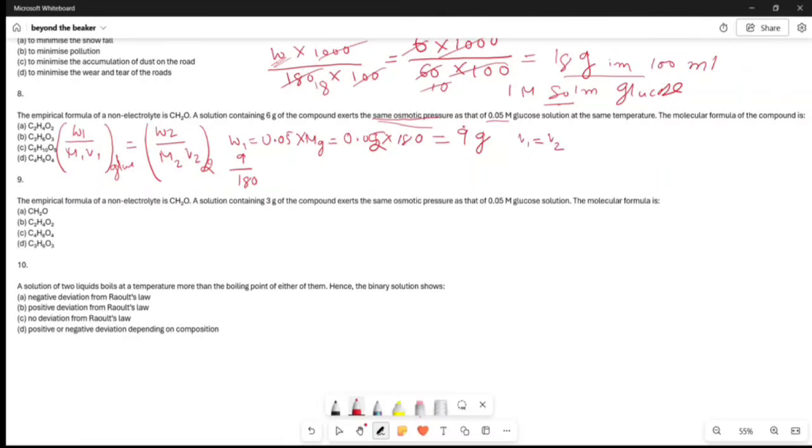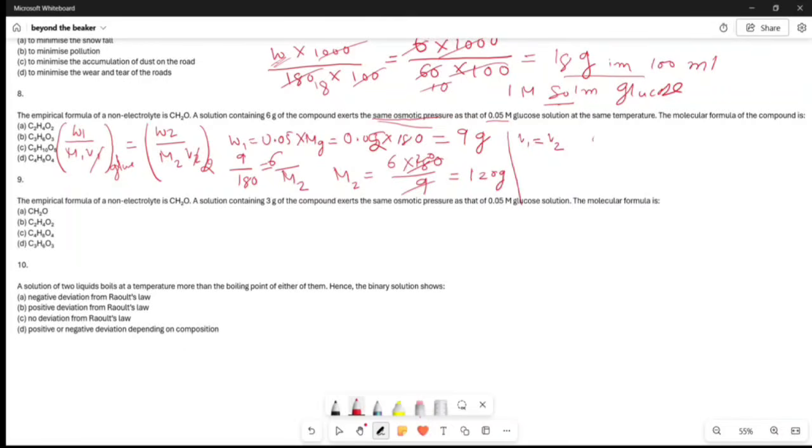So the volume of one solution is equal to the volume of the other solution, and the osmotic pressure of these two is the same. W1/M1V1 of one solution is equal to W2/M2V2. Here M2 is equal to 6 into 180 divided by 9, which is 120 gram.